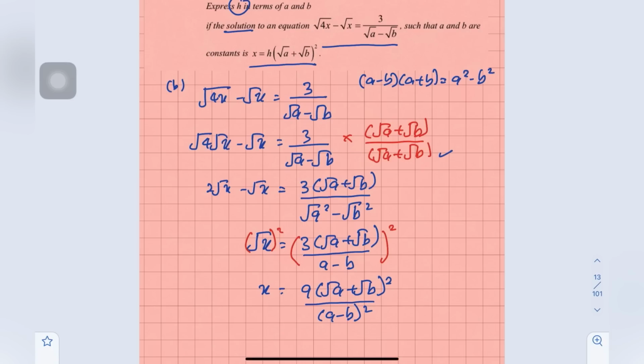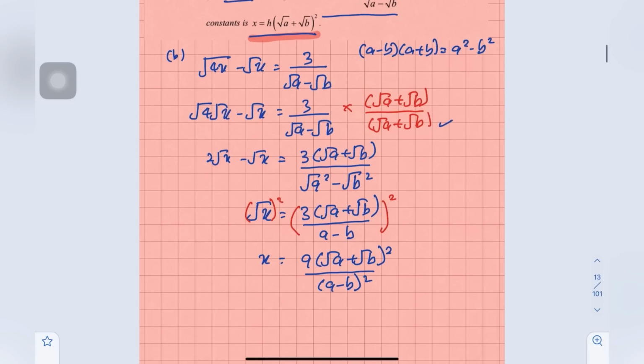We square everything. Okay, so then this one, we compare with the given question here. We compare with the given x with h there: (√a plus √b) squared over, there is no over.